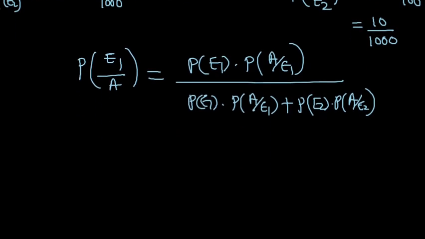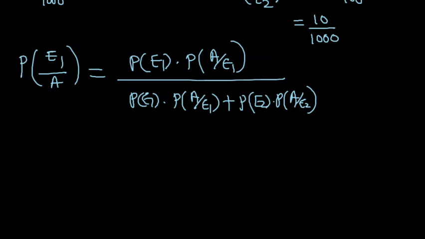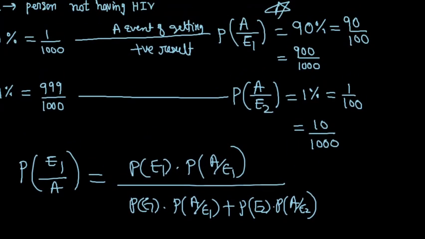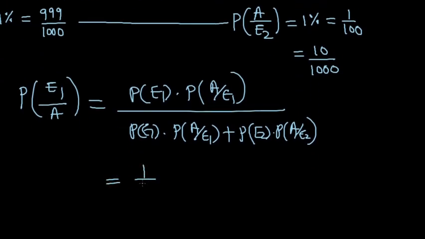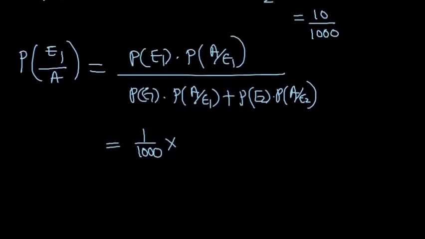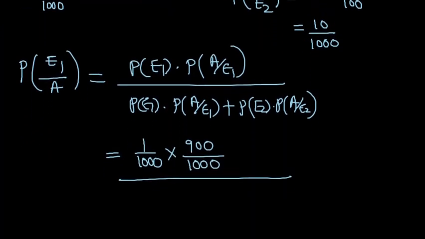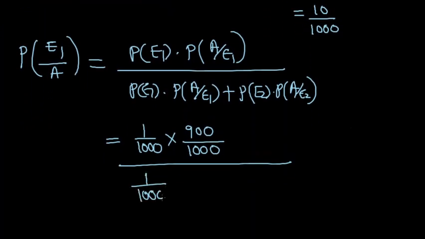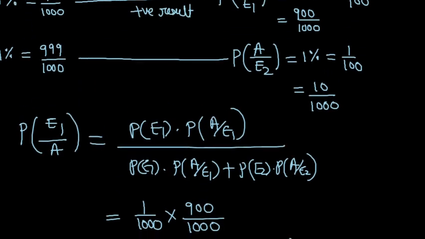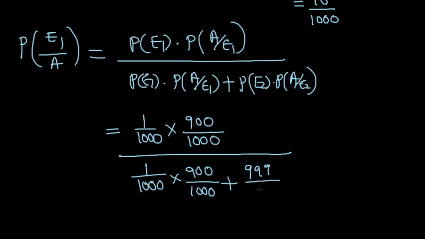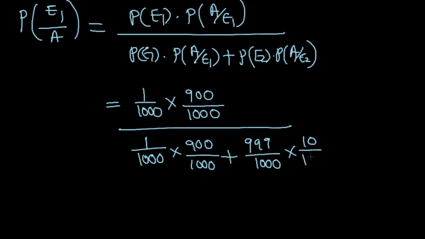So it is 1 by 1000 into 900 by 1000, whole divided by 1 by 1000 into 900 by 1000 plus 999 by 1000 into 10 by 1000.